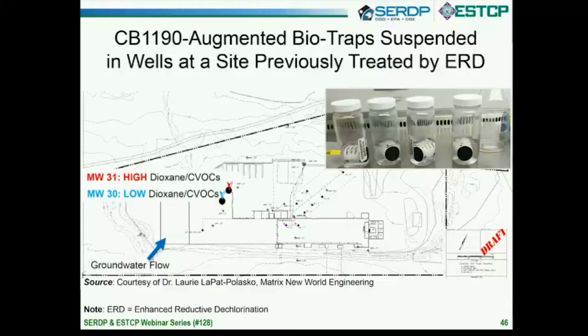So the source is somewhere here in the bottom left corner. Groundwater flow direction is indicated. The first well, MW30, because the source was recently cleaned, it actually had relatively low dioxane and CVOCs. And MW31, down gradient from there, had high dioxane and CVOCs.